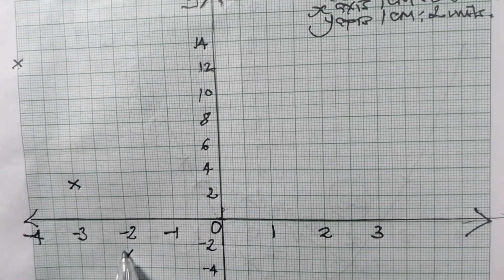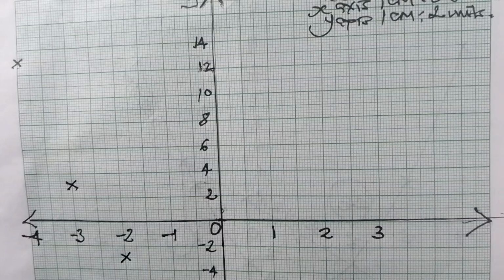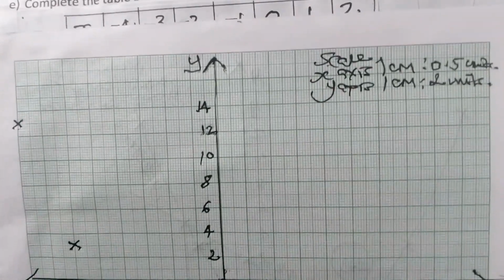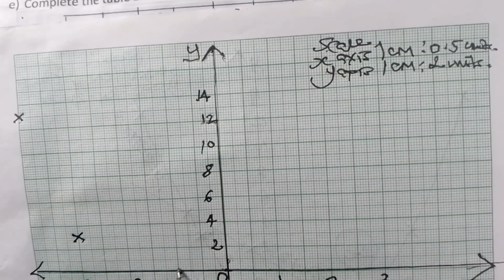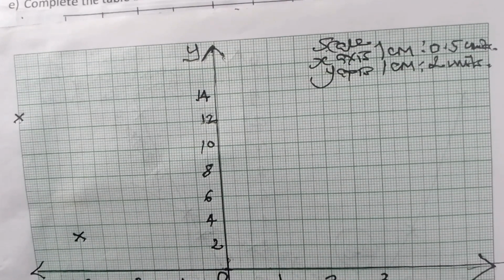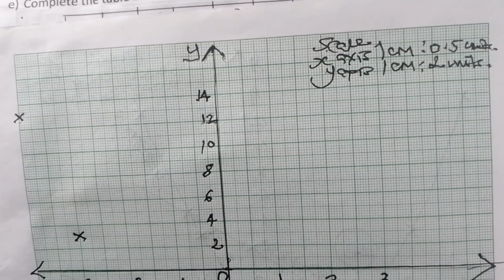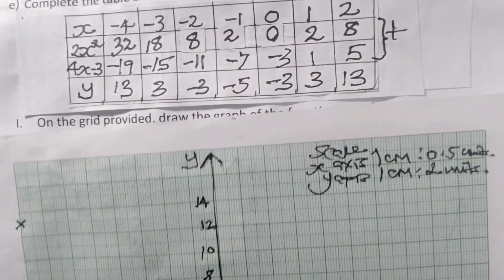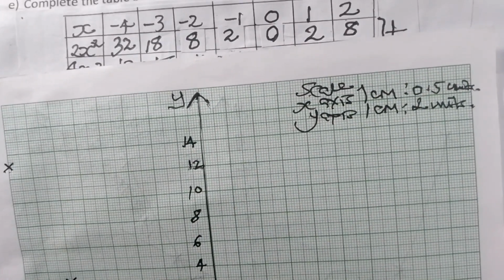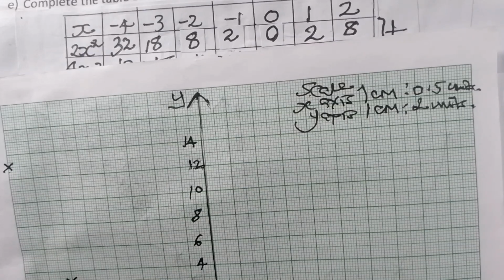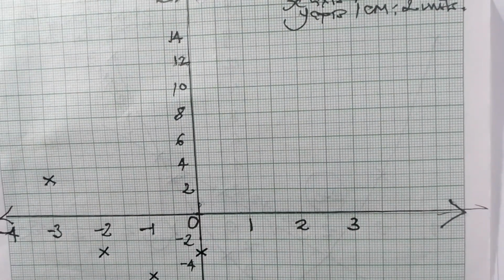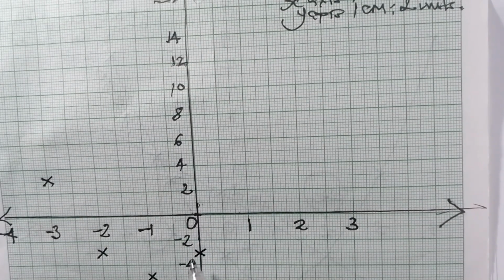Put a mark here. When x is -1, y is -5, between -6 and -4. When x is 0, y is -3. Right on the y-axis, put a mark. It's already done. Here, 0, -3.